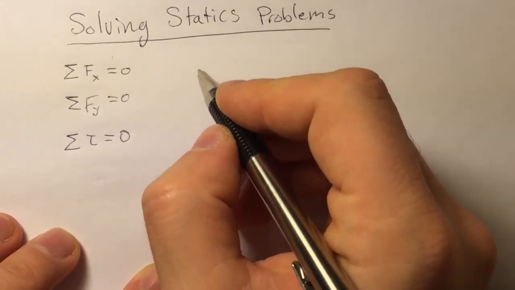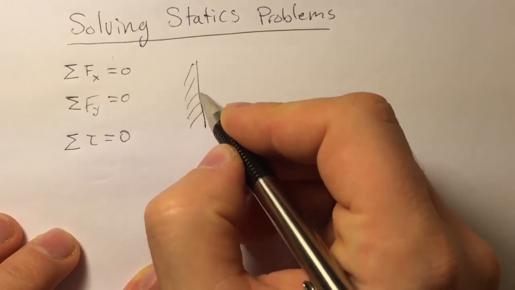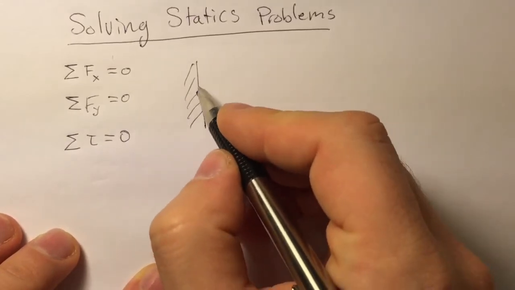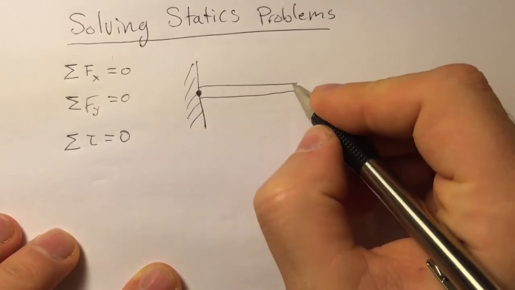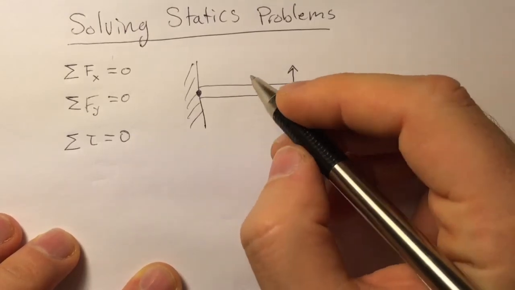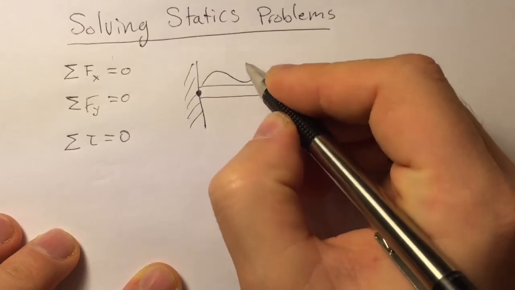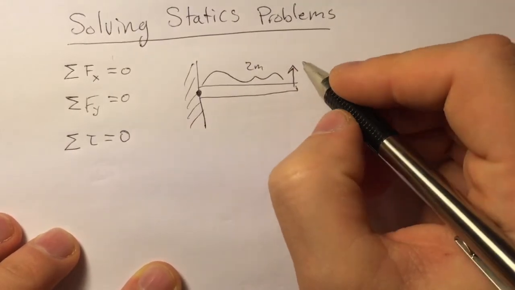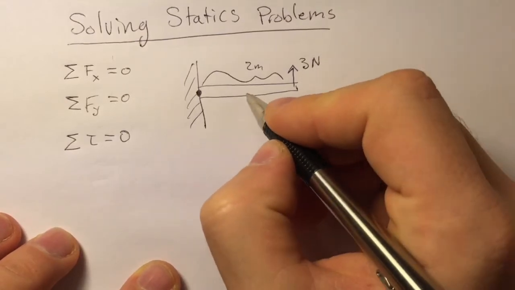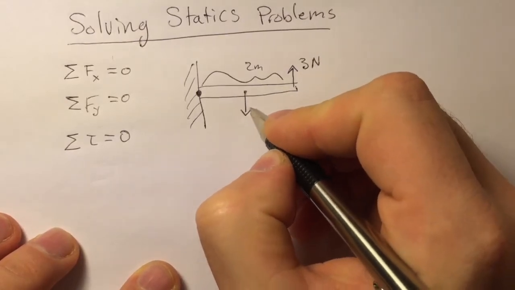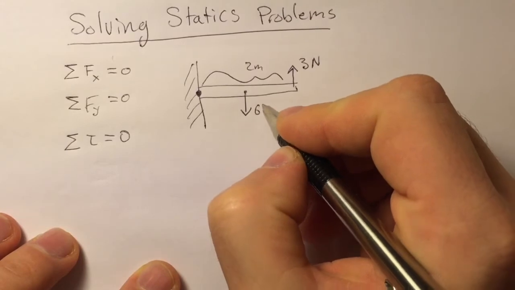So, for example, you can imagine that you have some bar that's attached to a wall, and let's say that there's a force up at the end of this, say, 2-meter long pole, and this is going up at 3 newtons, and let's say there's a force going down at 6 newtons.